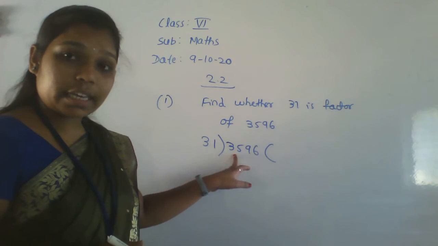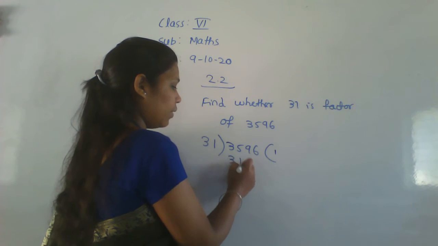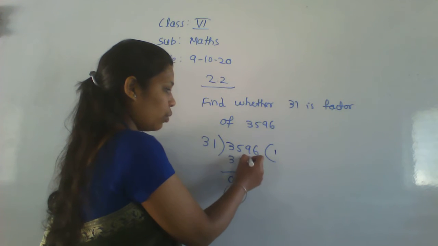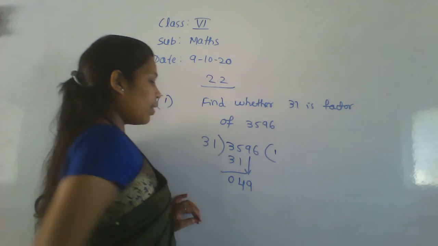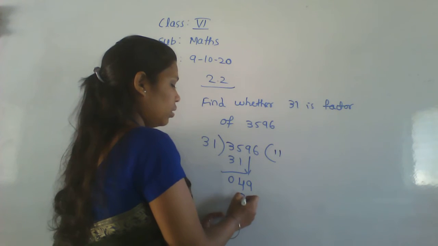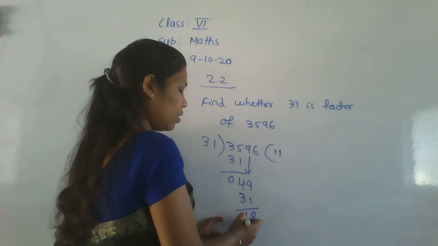Here 35 is there, 31 ones are 31. Take that. 5 minus 1, 4. 3 minus 3, 0. Now take here 9. 31 ones are 31. 9 minus 1 is 8, 4 minus 3 is 1.